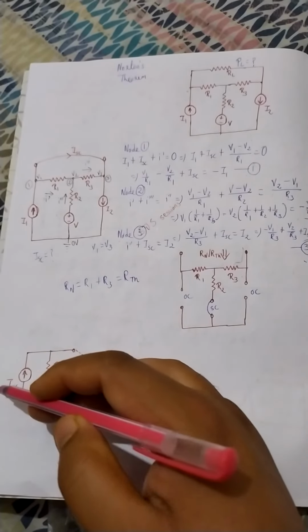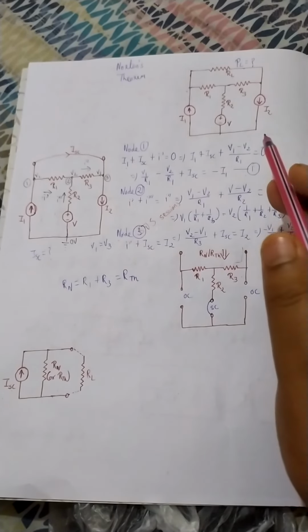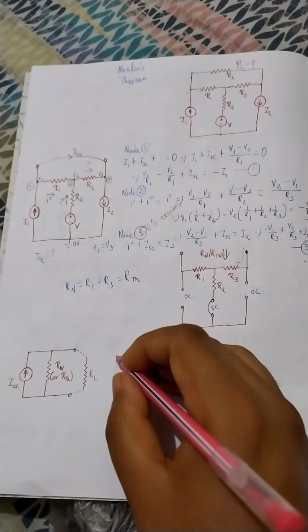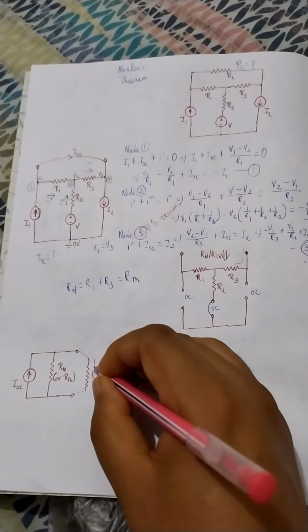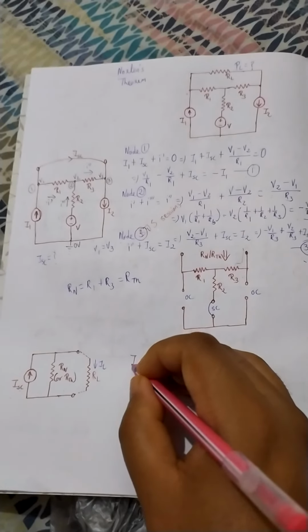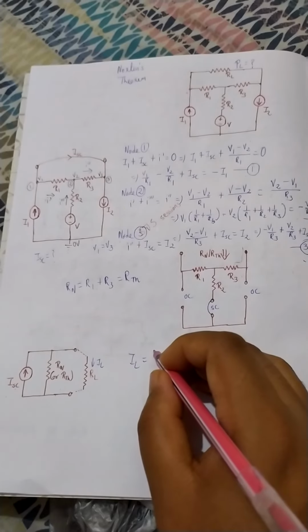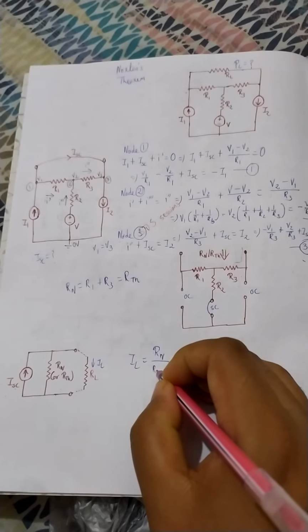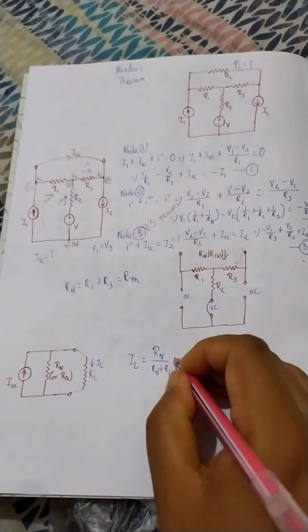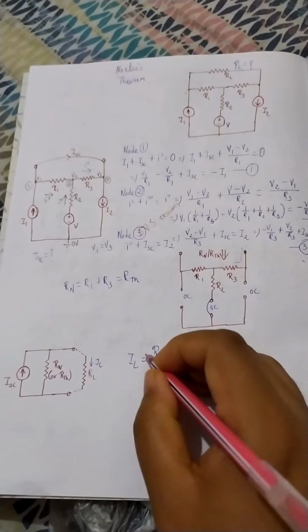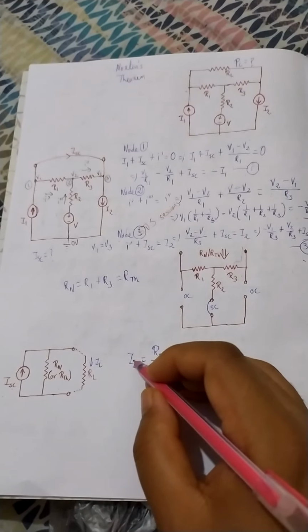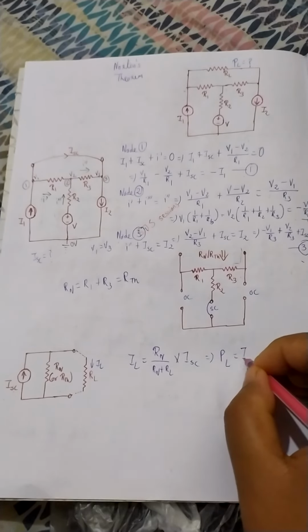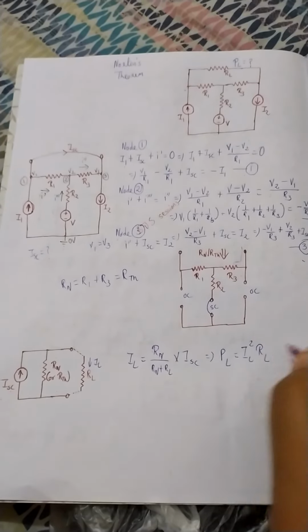Now we form the Norton's equivalent arrangement of this circuit by doing all the calculations. What would be the current passing through RL? Let it be IL. IL will be Rn by (Rn plus RL) into ISC. Once we have IL, we can find PL, which is IL square into RL.